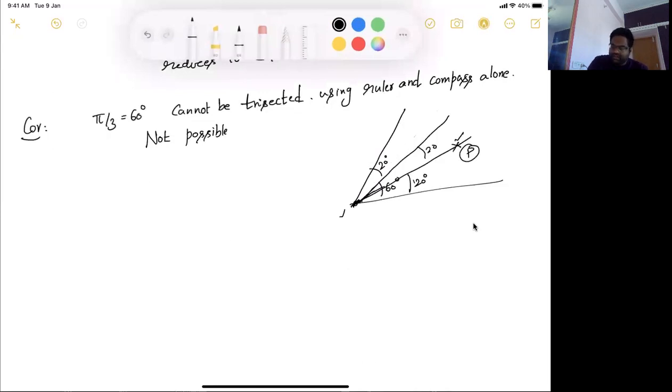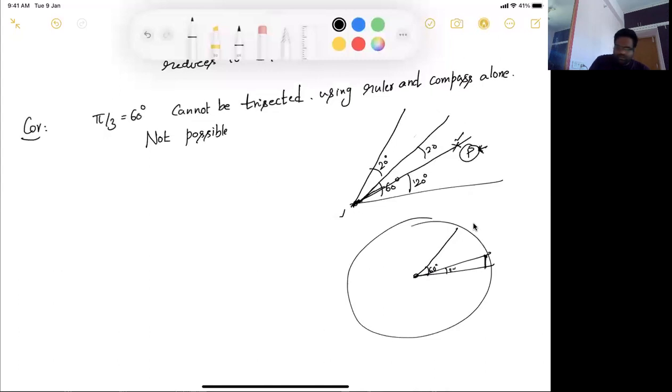So all you need to do is construct a point P on the given straight line. Suppose it is possible. So you have a circle, and this is my 60 degrees, and you want to find 20 degrees. Suppose it were possible.